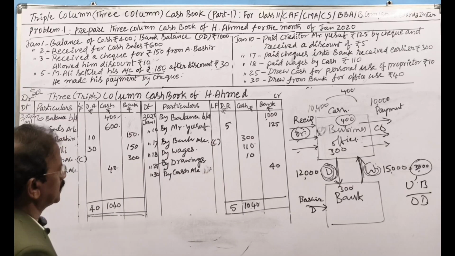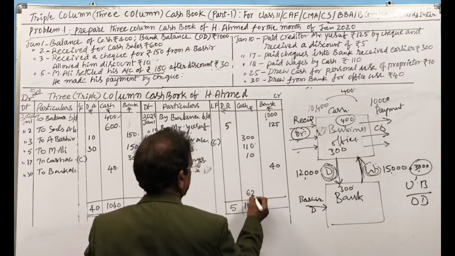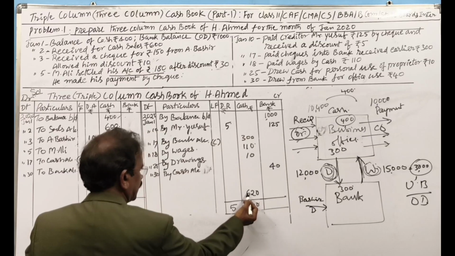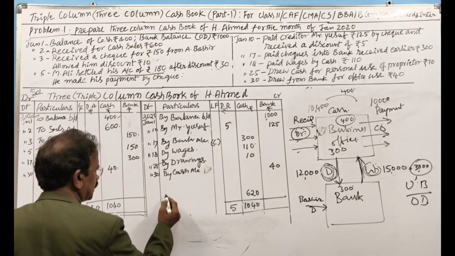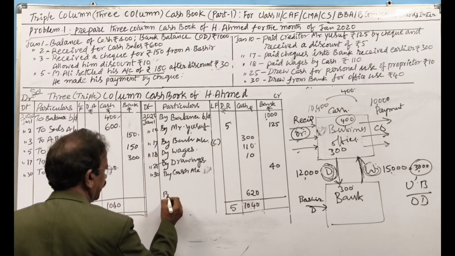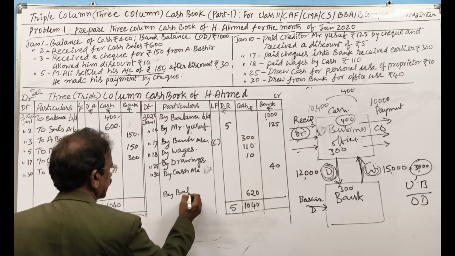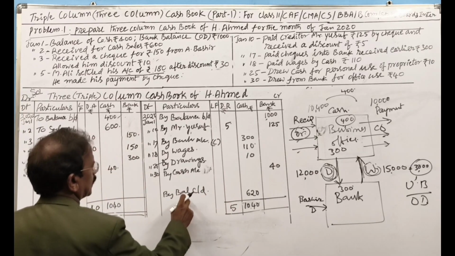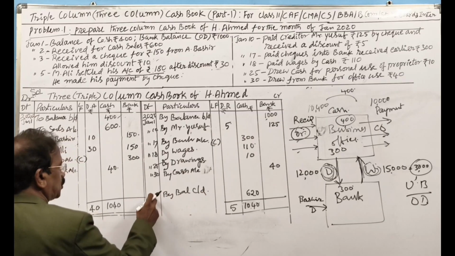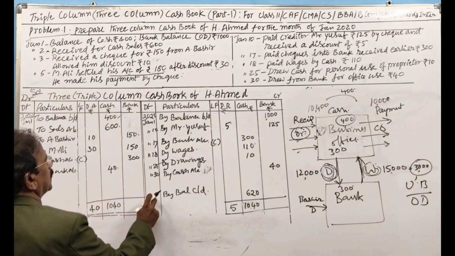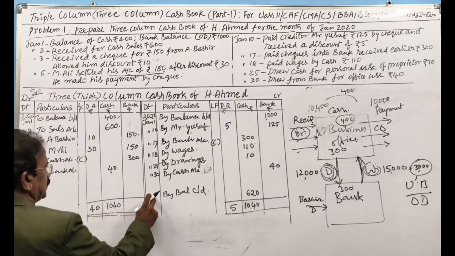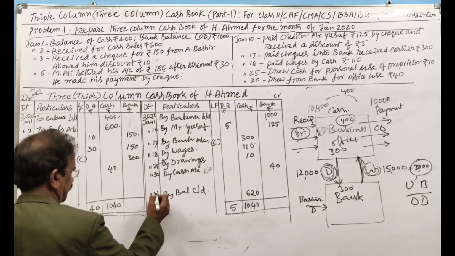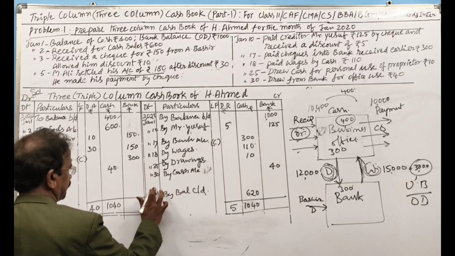Then what is the difference? 620. Here you write 620. And opposite to this, you write by balance carried down. Since it is the closing balance, you should write balance carried down. What should be the date? The end of the month. Since it is January, the end of the month is 31st. January 31st.